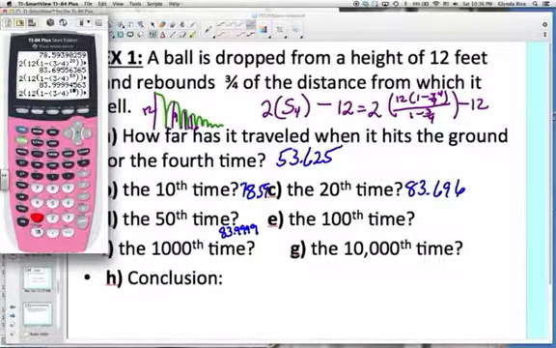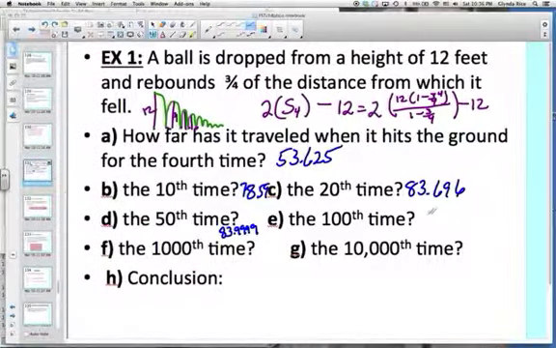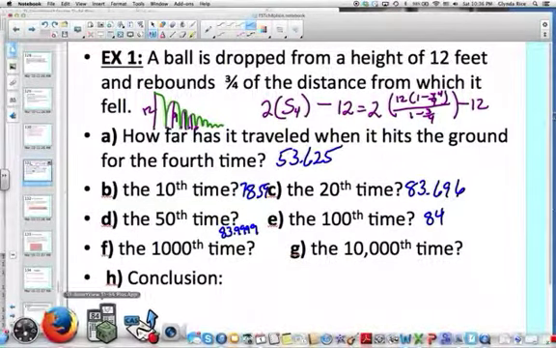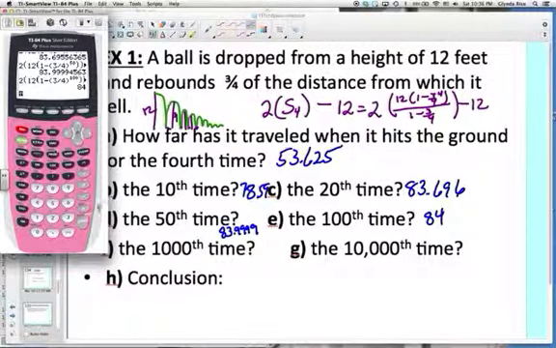So 1, well, let me do an extra. Okay, 100th time, 84. So what do you think is going to happen for the 1,000th and the 10,000th time? Oh, let's just punch it in. There's the 1,000th time, 84.